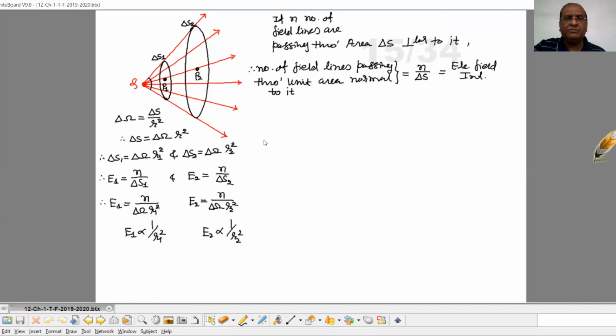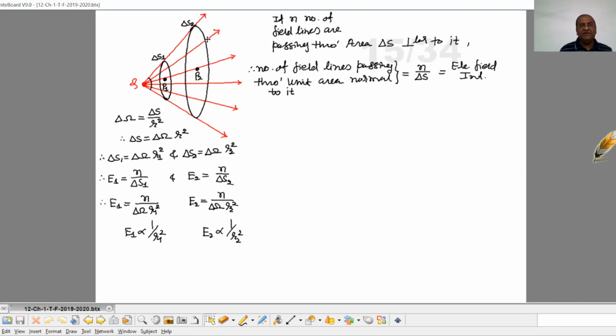Now, suppose we consider 2 points P1 and P2 in the electric field, and at the position of P1 we consider a small surface delta S1, and at point P2 we consider another surface delta S2, and the surfaces under consideration are such that the number of field lines passing through both the surfaces is the same.